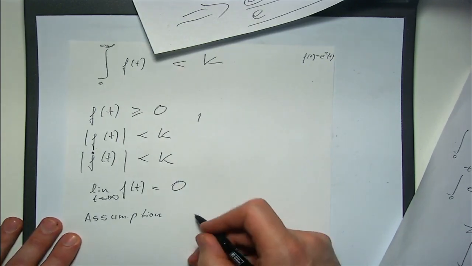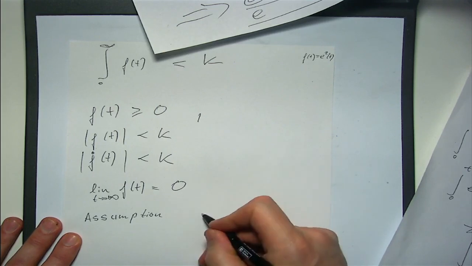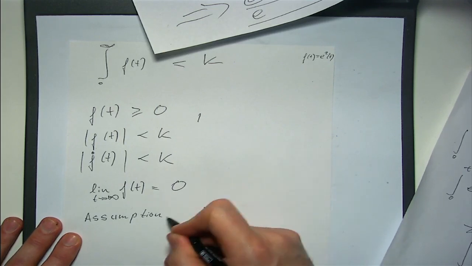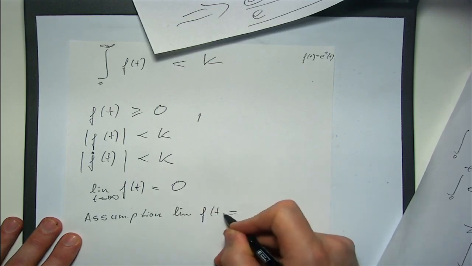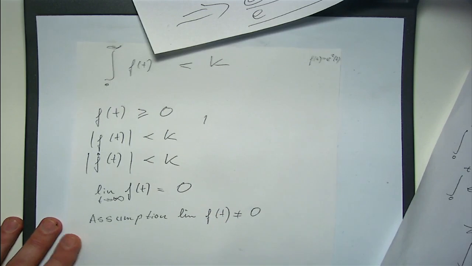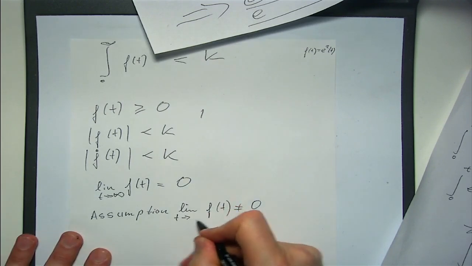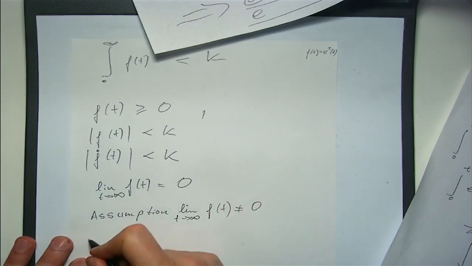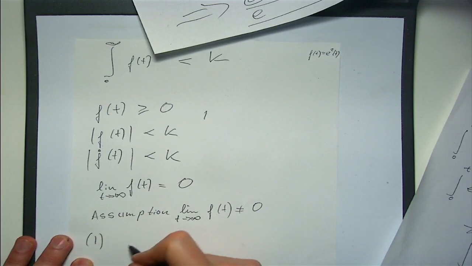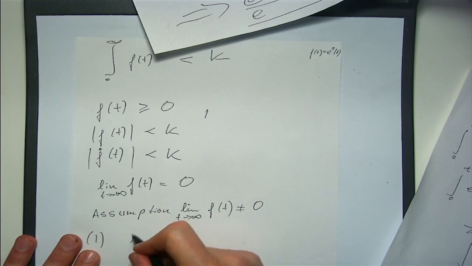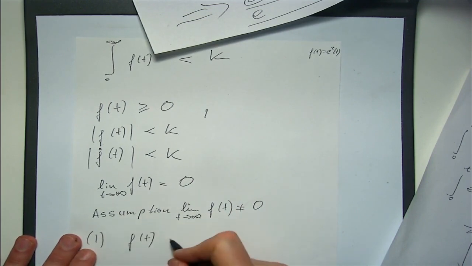Okay. So the limit of f of t is non-equal to 0. So let's have a look at this f of t.